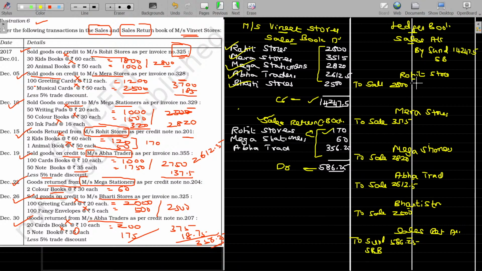In Rohit, by sales return 170. In Megha Stationery, by sales return 60. In Abba Traders, by sales return 356.25. Is that okay? That's all. Posting is also over. Come on, make a note of it.